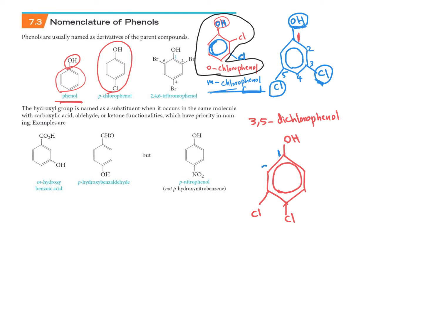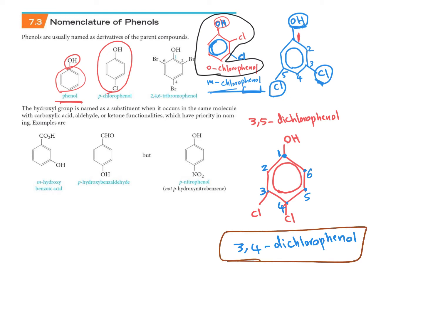Exactly. We start naming from the other direction, because if I go here, 1, 2, 3, 4, 5, I want to have the lowest numbers. So it would be 3 and 4 dichlorophenol.